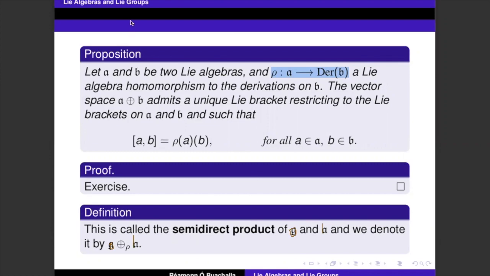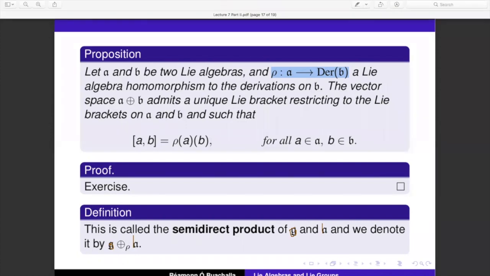As I said, it's a generalization of the direct product, but a little bit different. It's a semi-direct product of A and B, and we denote it by taking the direct sum and putting the symbol for the representation rho down here to warn somebody that it's not a straightforward direct sum, but something that's twisted somehow. Okay, so that's semi-direct products.